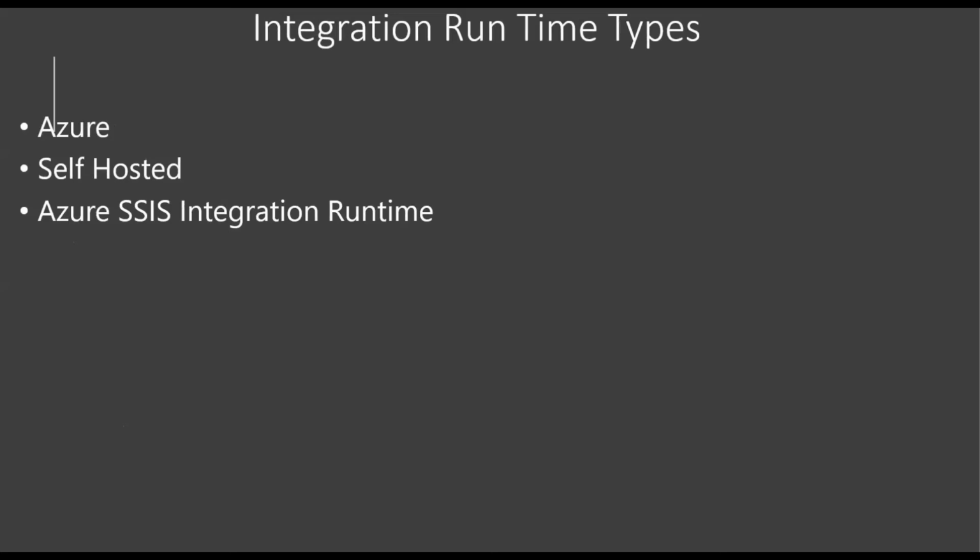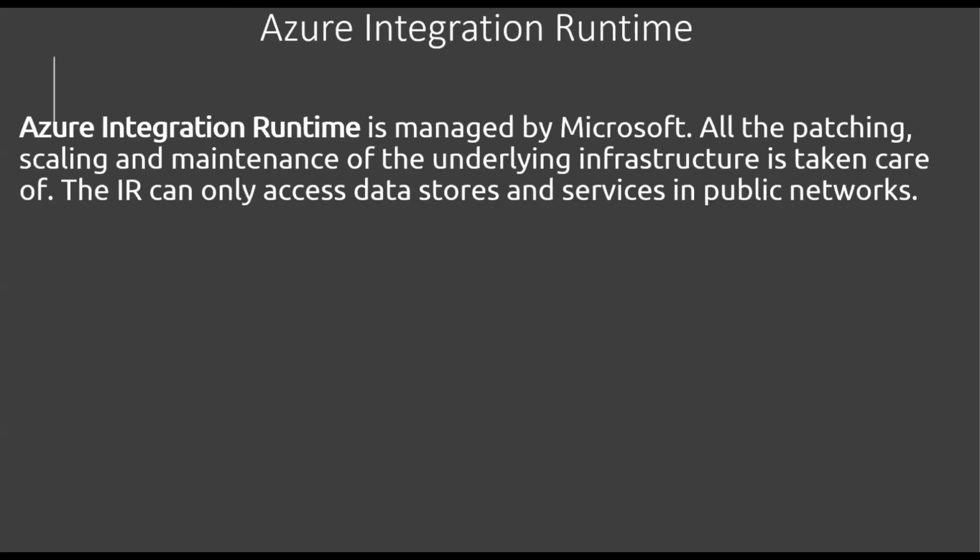If I talk about the types of integration runtime, there are three types: Azure integration runtime, self-hosted, and Azure SSIS integration runtime. In this video, we are just talking about Azure integration runtime. Azure integration runtime is managed by Microsoft. All the patching, scaling, and maintenance of the underlying infrastructure is taken care of.